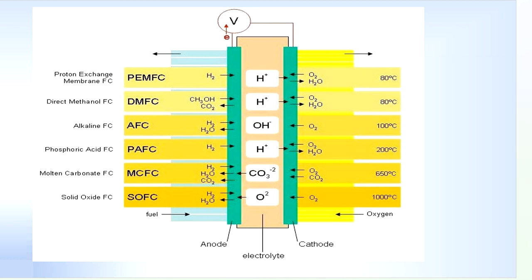Of course we will be getting H2O as a byproduct, and the operating temperature of this fuel cell is 80 degrees centigrade. The same thing is applicable for all other fuel cells.